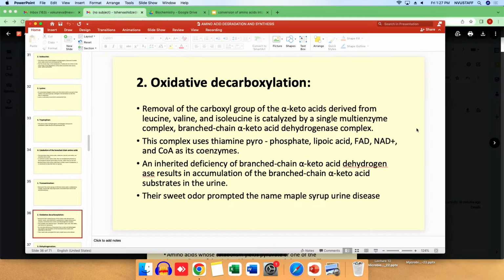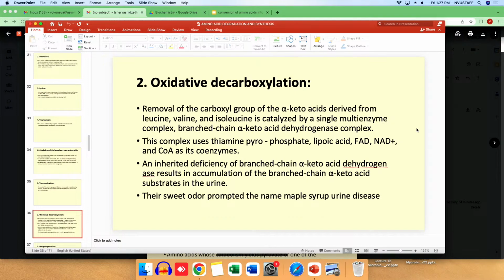Okay. And if a patient has a disorder of branched-chain amino acid transformation, this disorder will be specifically linked to the alpha keto acid dehydrogenase complex, some kind of abnormality with this complex enzyme, and there will be accumulation of alpha keto acids in the blood, as we mentioned, and acidification of the blood, plus in the urine.